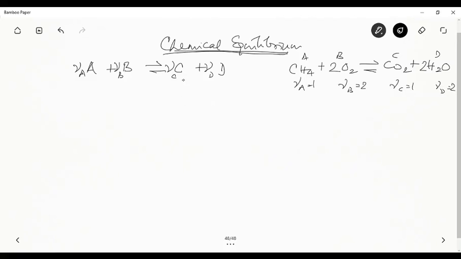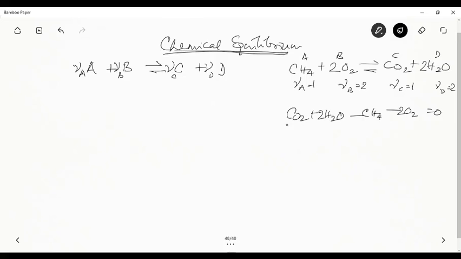Now, actually what happens is that we write these coefficients together on one side so as to get the reaction written in a more generic fashion. So if I take all of them to one side, I'll basically get a reaction like CO2 + 2H2O − CH4 − 2O2 = 0 is a form in which you can write the same reaction.